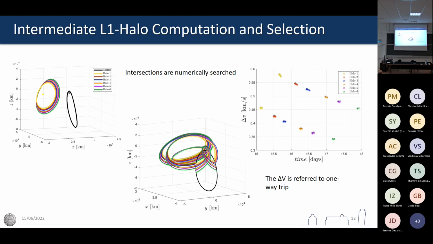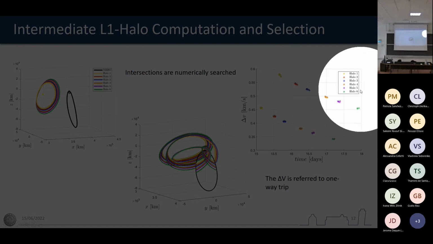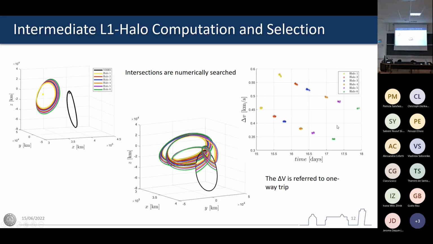So we numerically computed different intermediate halo orbits around the Lagrangian point L1, and then we numerically computed the delta V necessary to go from the parking orbit with unstable manifold to the NRHO and back. And as you can see here, the most convenient one is the green one.